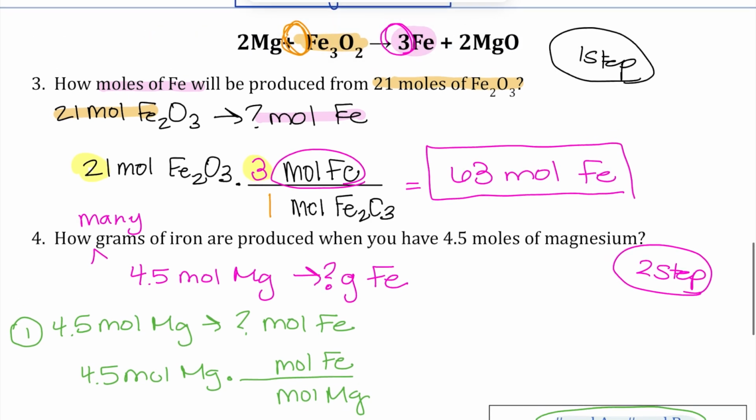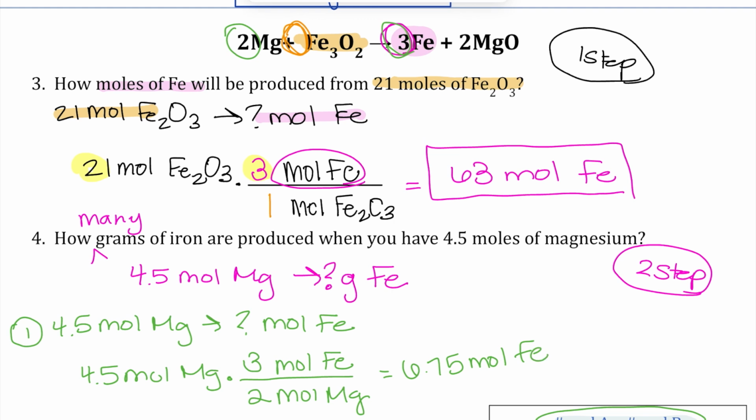Going to my reaction, I have 3 moles of iron, 2 moles of magnesium, and I could do that step. I have 4.5 times 3, and then divided by 2, I get 6.75 moles of iron at the end of that first step.